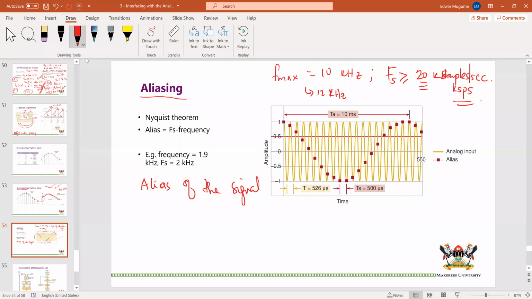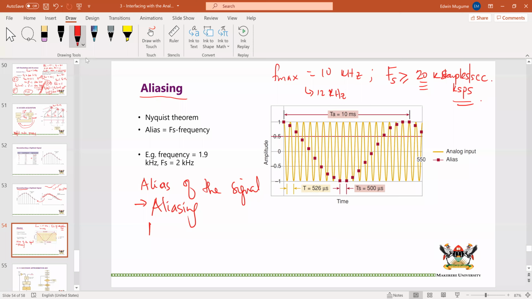This is called aliasing. It is really an error, not a process. If we do not follow the Nyquist theorem, we will suffer from aliasing, where an alias of the signal actually appears.